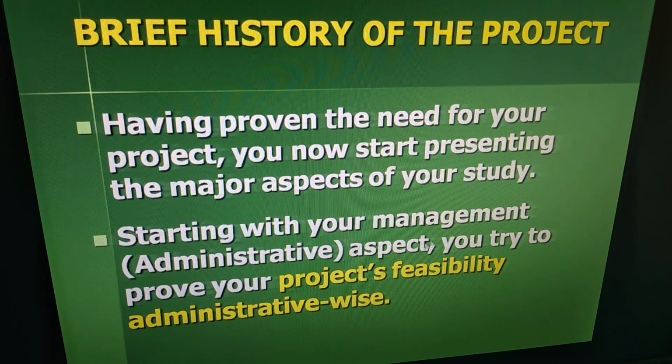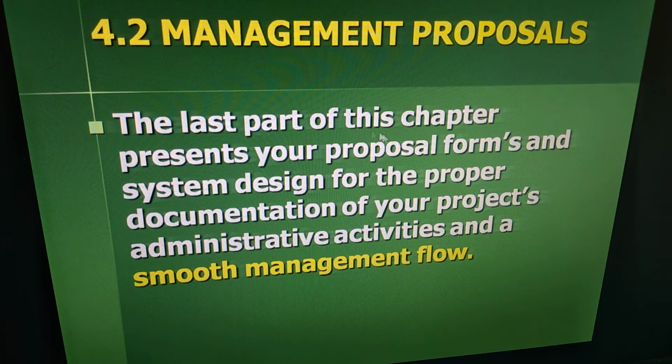Starting with your management aspect, you try to prove your project feasibility and administrative activities. And in the last part of this discussion, you have to present your proposals, forms, and system design for the proper documentation of your project, administrative activities, and a smooth management flow.